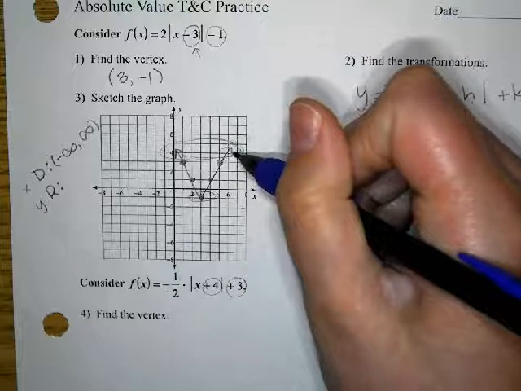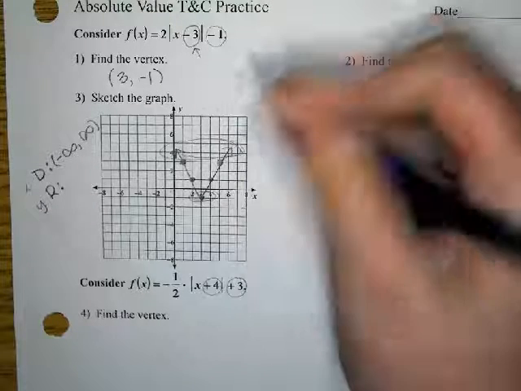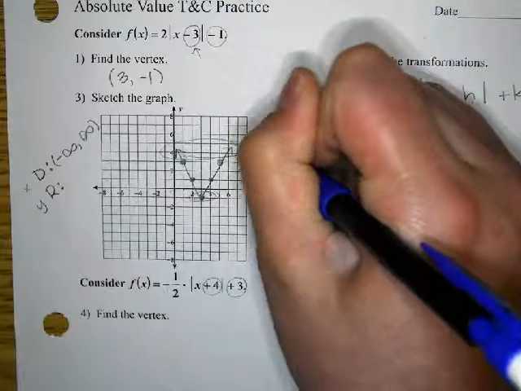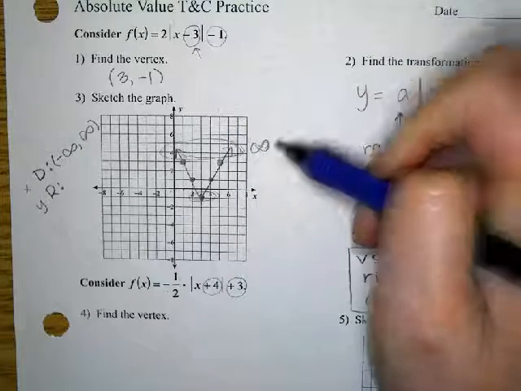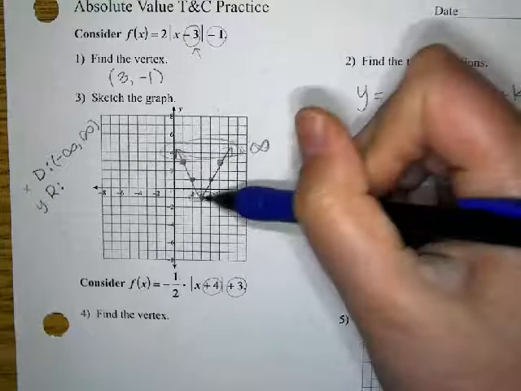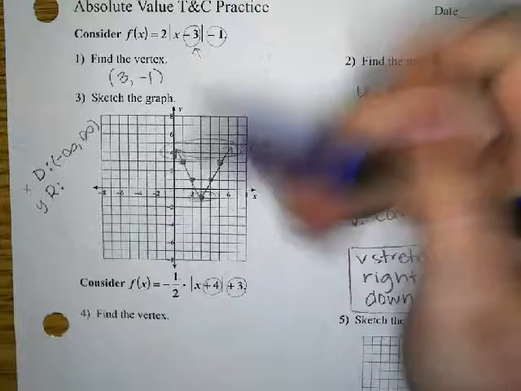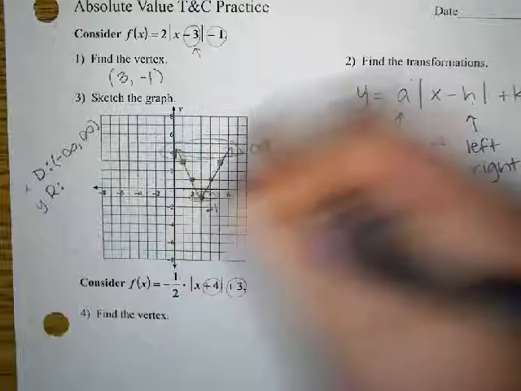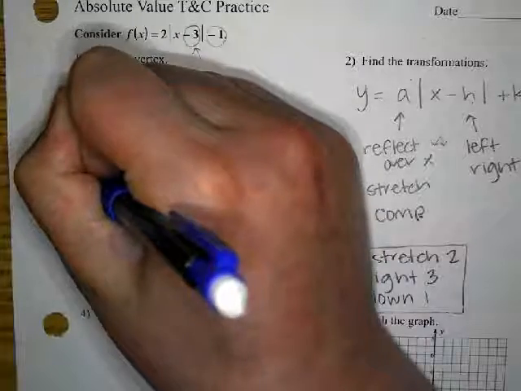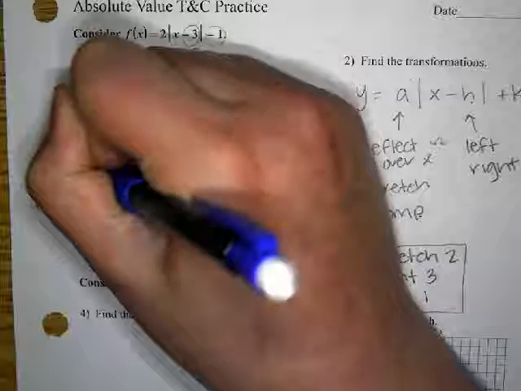So if it goes up forever, then that's an infinity. Up forever is an infinity. So down to the vertex means it goes down to -1. So the range is it goes down to -1 and it goes up to infinity.